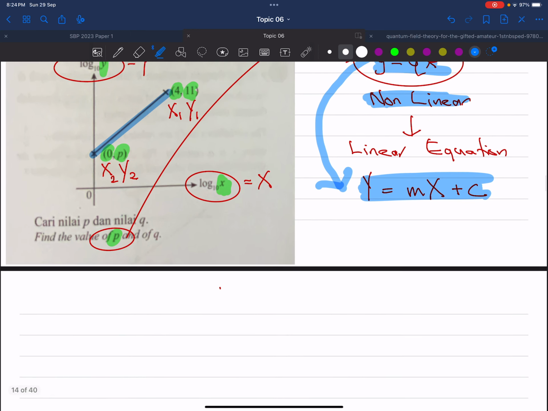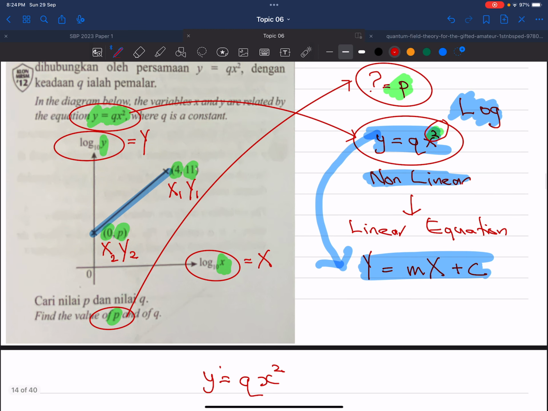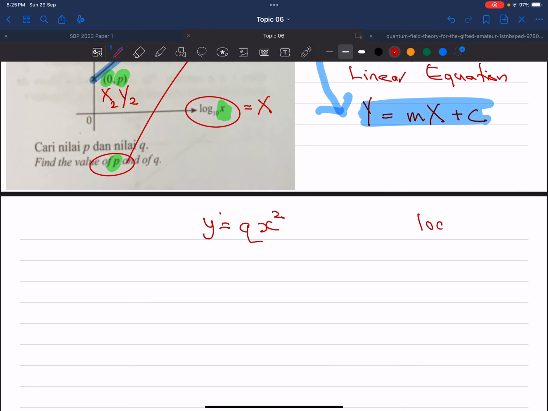So I take the equation, which is y equals qx squared. I'm going to use the formulas of log because there is a power. So I apply log base 10, and log base 10 also can be written as LG, short form. So both sides I'm going to put log base 10: log y base 10, and log qx squared base 10.